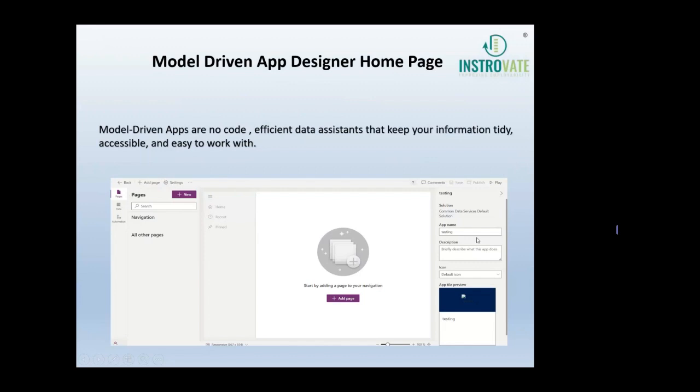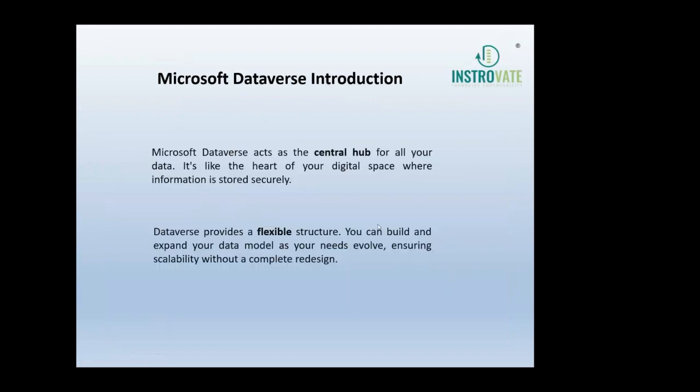The settings option is available. On the right hand side you can see solution and testing, and here you can see this play option. When you click on this one, the app you have created will be in play mode basically. You can also say preview mode, so you can check whether your application is working fine or not.